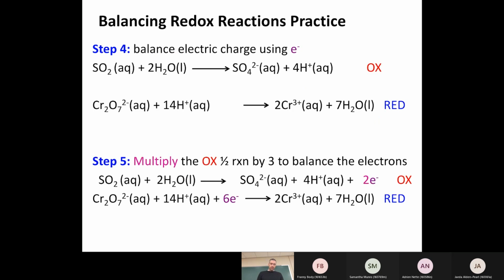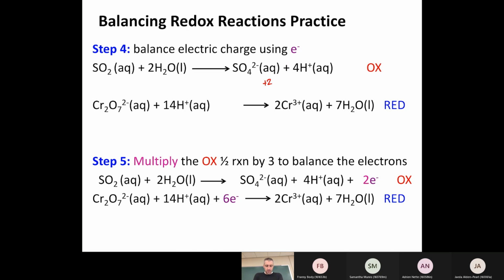Okay. Step 4 says balance the electric charge using electrons. So what we want to do is add electrons to one side or the other. For the first half reaction, notice that the total charge on the left is neutral, no net charge. But on the right, we have a -2 plus +4. So we have a net charge on the right of +2.